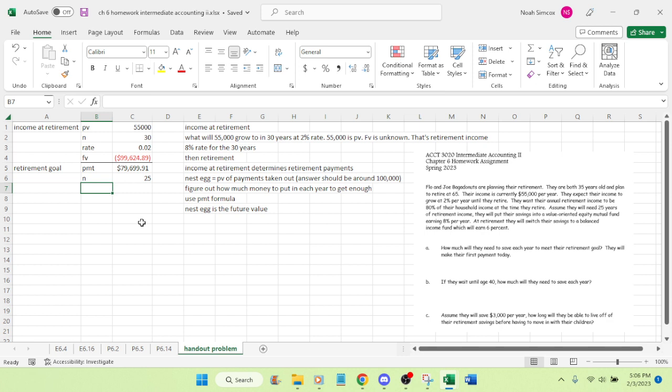But we're missing one more thing. What do we want? What are we missing here? The rate? We're missing the rate. Is it 6%?